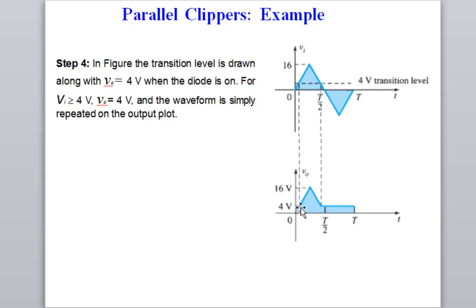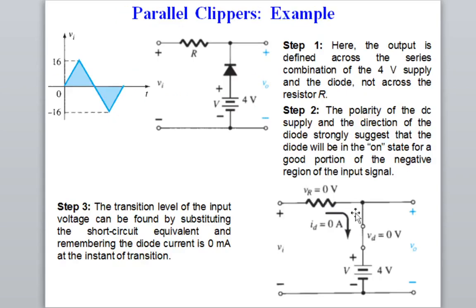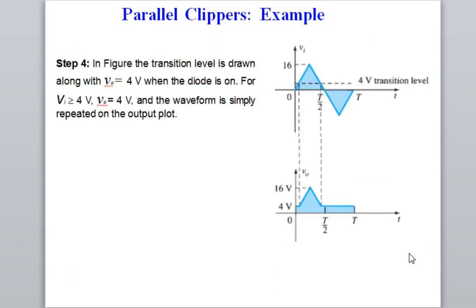Then the output signal starts increasing at the point where I have drawn the projection, reaches the maximum, then again the minimum, and the minimum will be at T by 2 at this point, which is 4 volt. That means the output signal from this clipper will never go to 0; it will always be a maximum of 20 volt and a minimum of 4 volt. That will be the case of the parallel clipper.